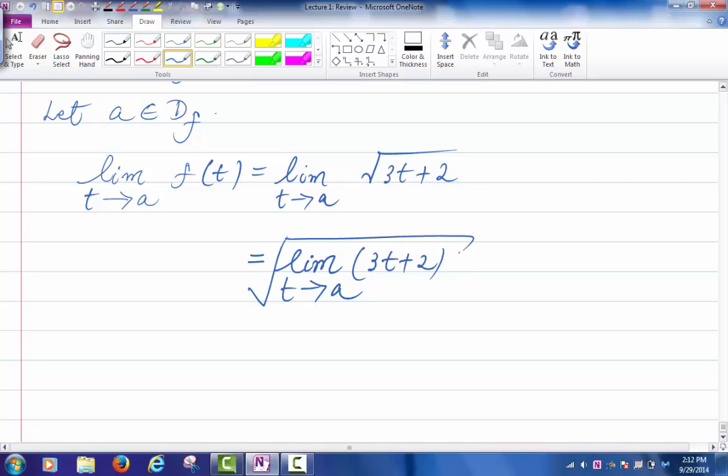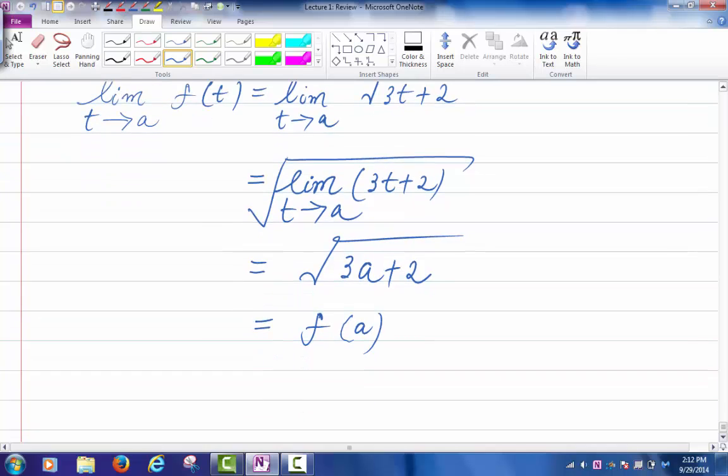So we can take the limit inside as long as that quantity makes sense for a, right? And what is that limit then? Well, that's 3 times a plus 2, right? And basically, if I have a root function, I can just plug in to find the limit. That's what we saw before, and this is exactly the same as f of a.